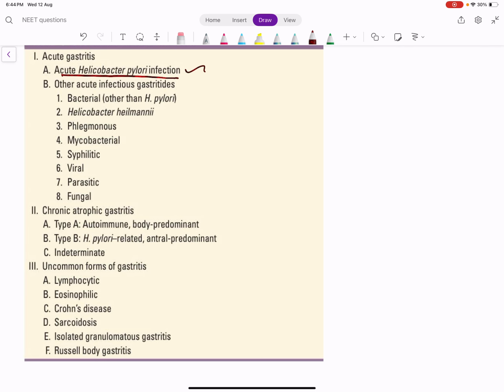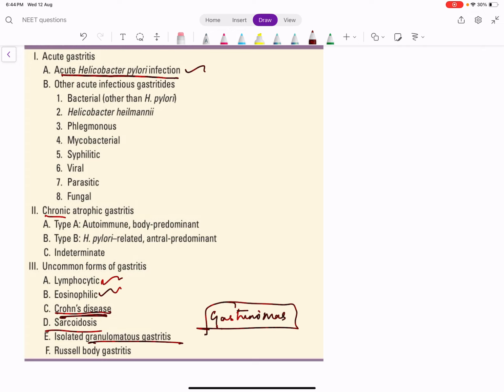Suppose H. pylori is negative, we are supposed to give H2 blockers or PPI. But suppose there is inadequate response, some of these will usually be present, like lymphocytic, eosinophilic. Think of Crohn's disease in refractory gastritis, granulomatous gastritis, sarcoidosis, etc. One important cause of refractory gastritis is gastrinoma. We'll discuss that shortly.